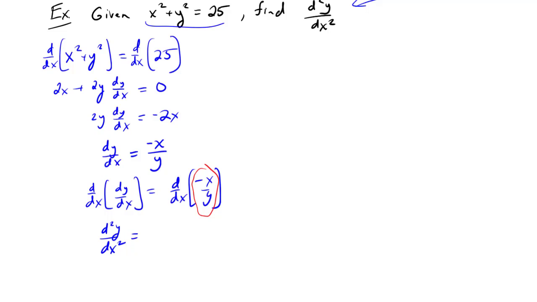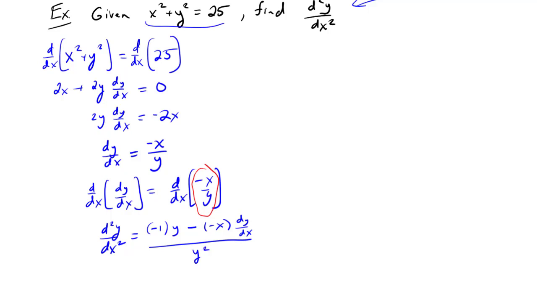Those are two functions of x, so we have to do the quotient rule. So the derivative of the top with respect to x is minus 1 times the bottom as it is, y, minus, from the quotient rule, the top, minus x, times the derivative of the bottom, so dy/dx, because it's really 1 dy/dx, over the bottom squared.